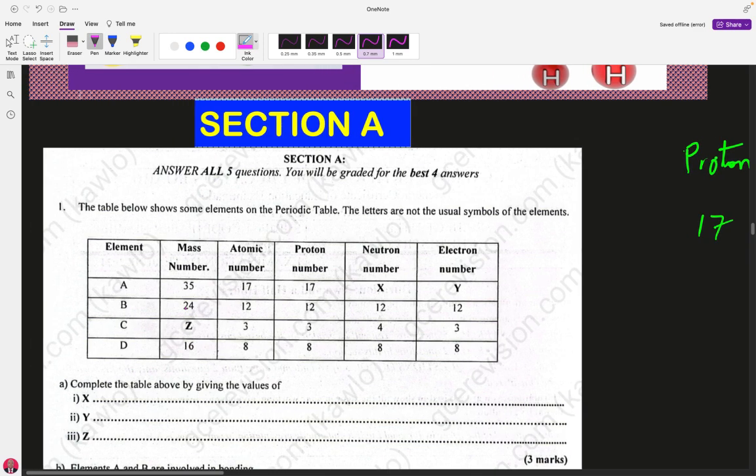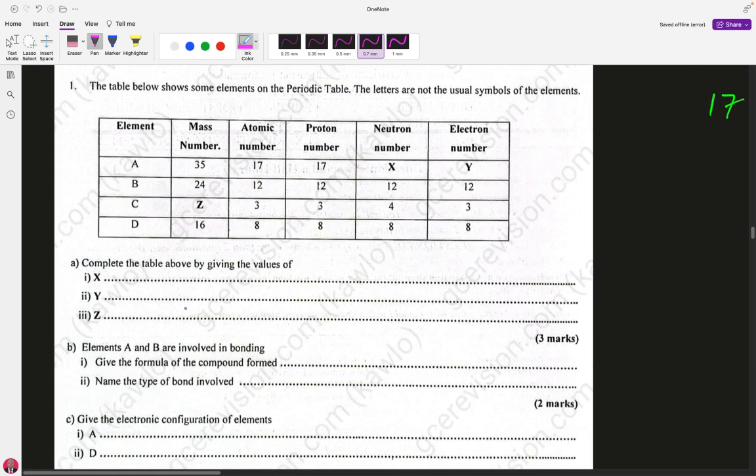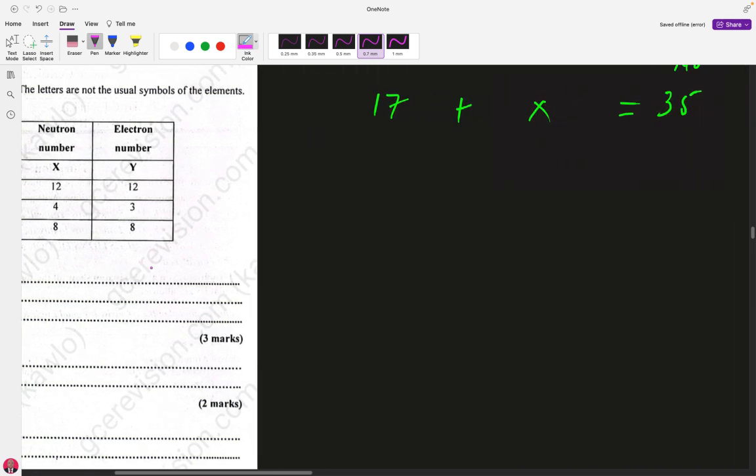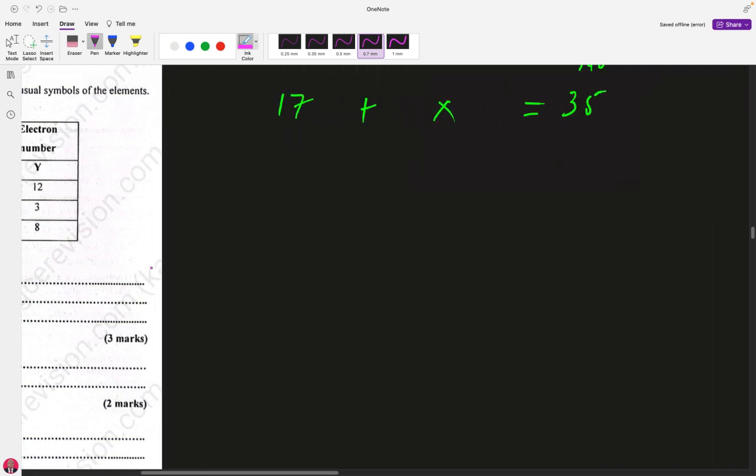So let's write x here as given. X is equal to 18. Good. I told you why the number of electrons is always equal to the number of protons, and that is why you have an atom that is neutral. A neutral atom is when the number of protons is equal to the number of electrons.